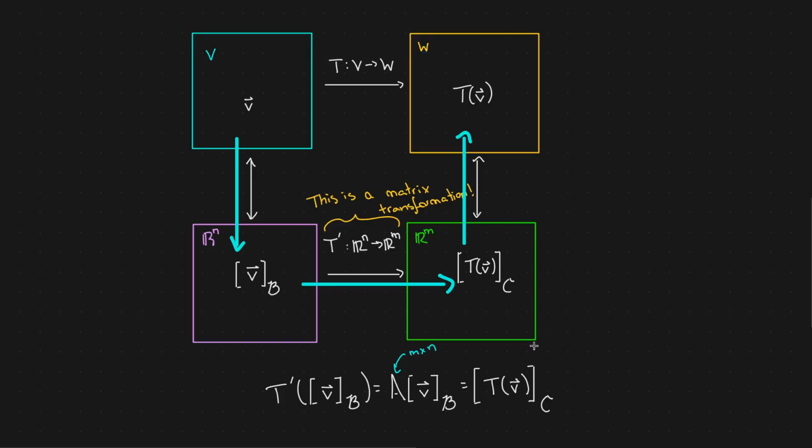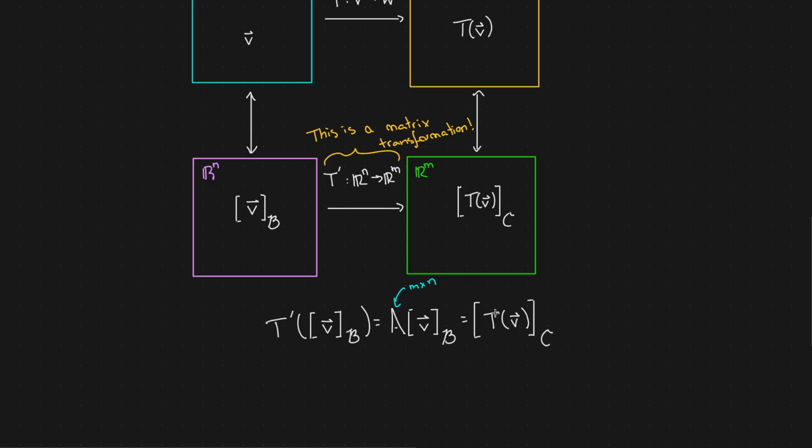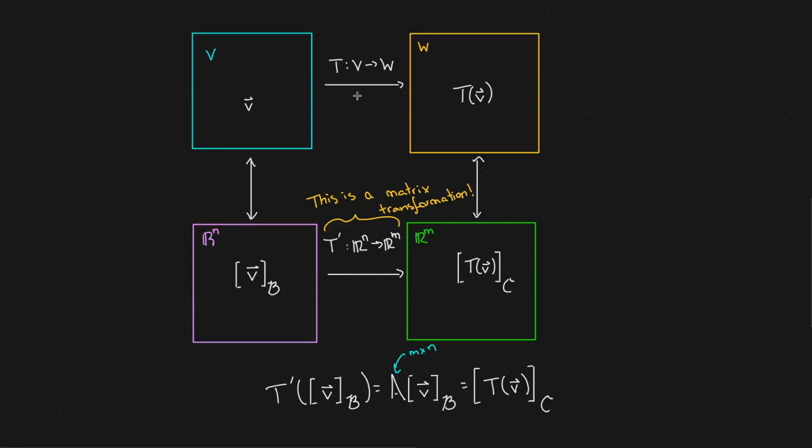So we call this matrix the standard matrix of T with respect to bases B and C.